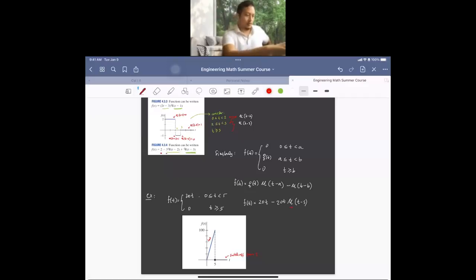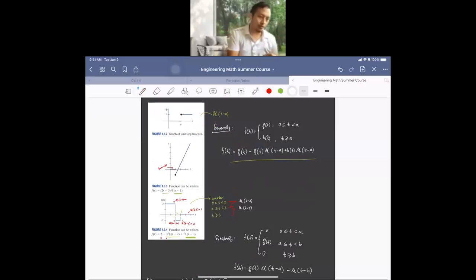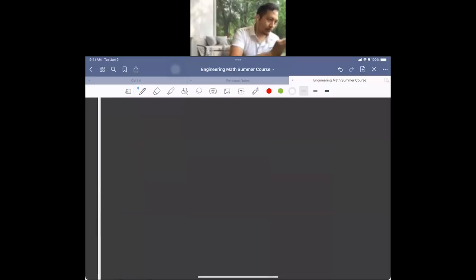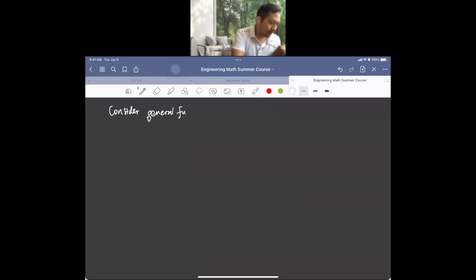Okay. So let me just go through. Let's consider a general function. This will be defined for positive t, the piecewise defined function.